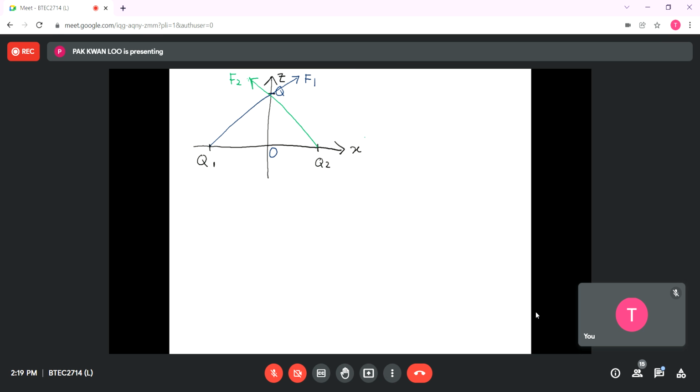Okay, from this diagram, I will redraw again, only showing F2 and F1.